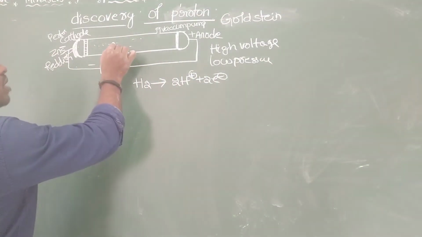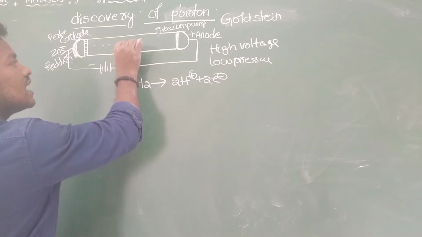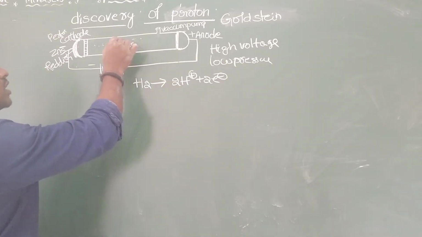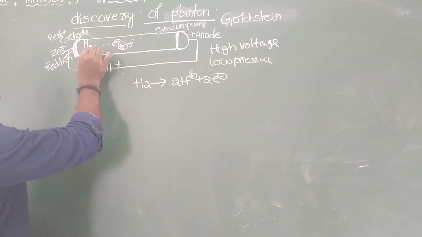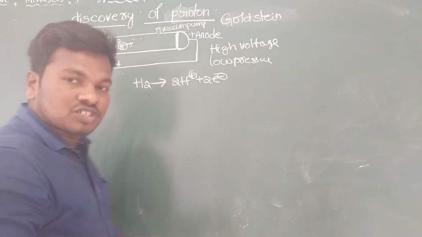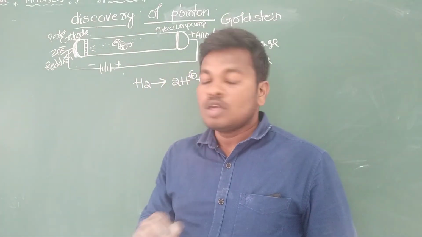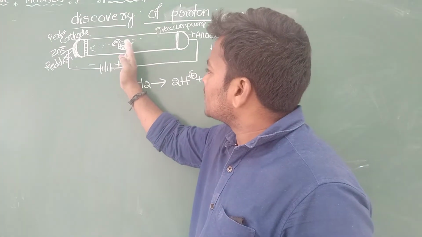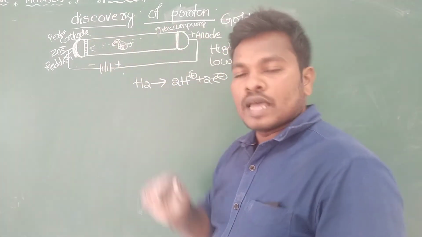When the gas molecule is ionized, for hydrogen we get H plus and electrons. These are attracted towards the opposite charges due to electrostatic force of attraction, so the positively charged particles travel towards the cathode and the electrons move towards the anode.